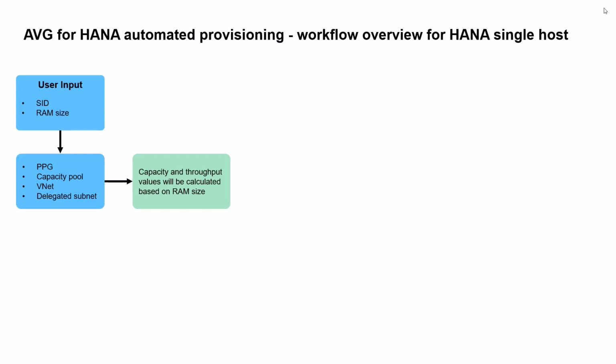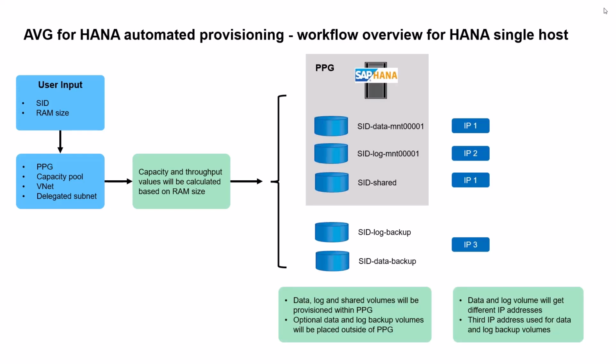In total, 5 volumes will be provisioned. HANA data, log and shared volume will be provisioned within the proximity placement group. A naming convention including the SID of the HANA system will be used for the volume names. Data and log backup volumes will be provisioned outside of the proximity placement group. And 3 different IP addresses will be used for the provisioned volumes.